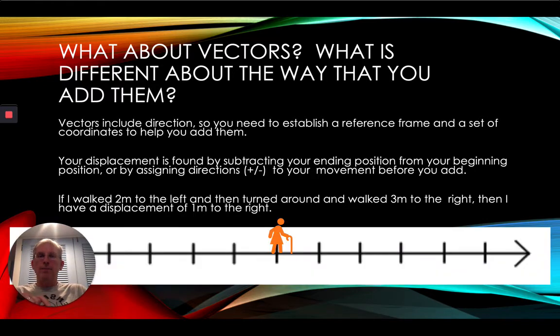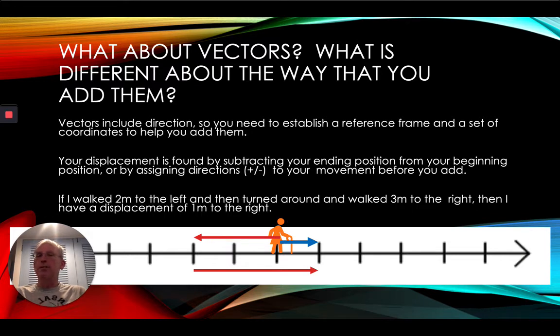So here I am. I'm going to walk 2 meters to the left. And then I turn around, walk 3 meters to the right. So where am I now relative to where I started? Where is my end compared to my beginning? And the answer is I am 1 meter to the right of where I started.